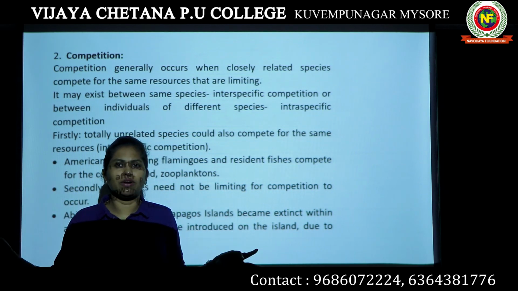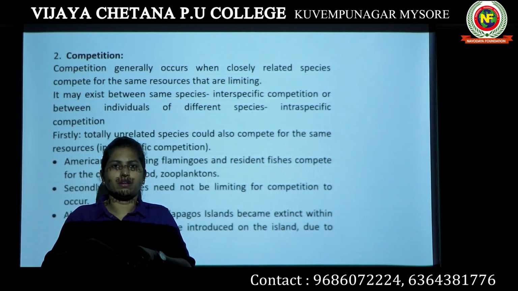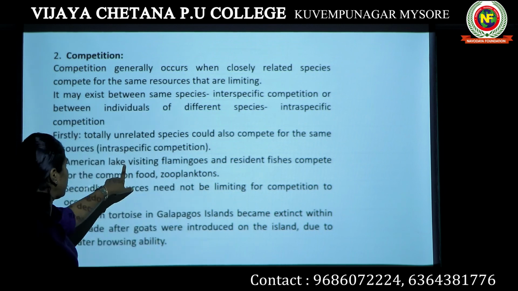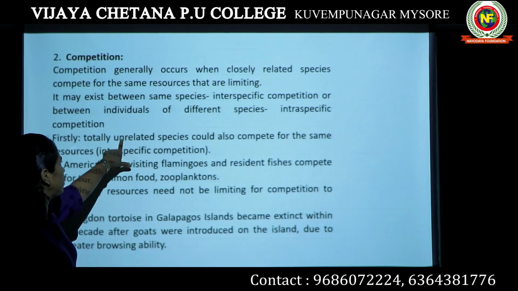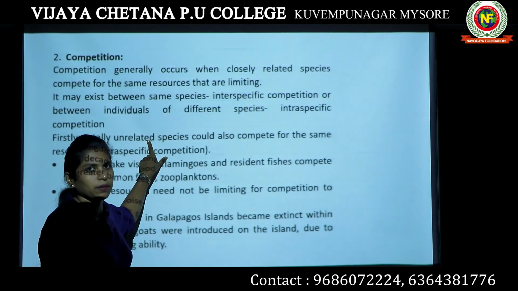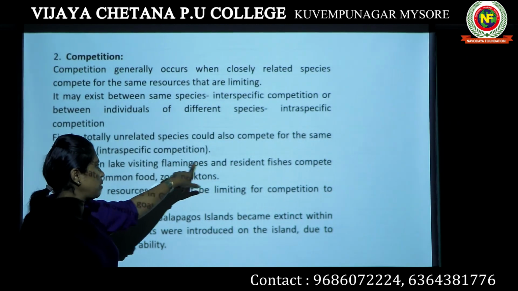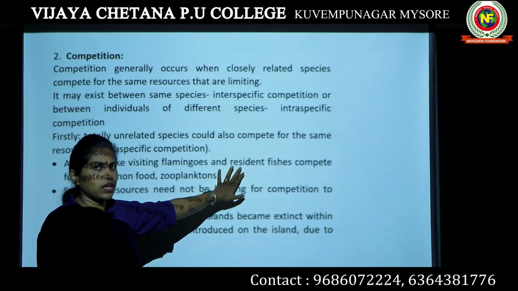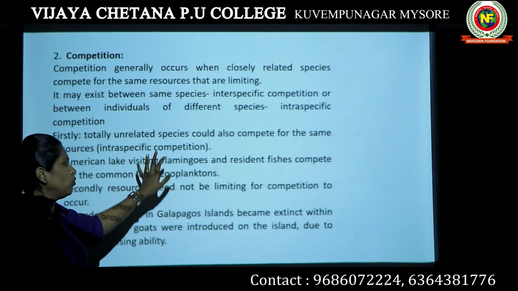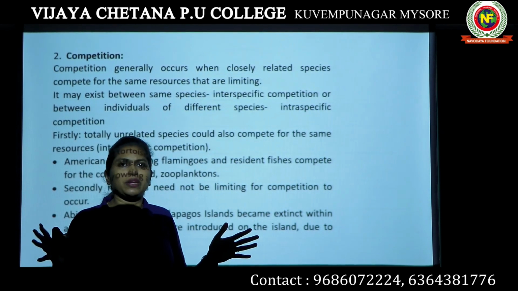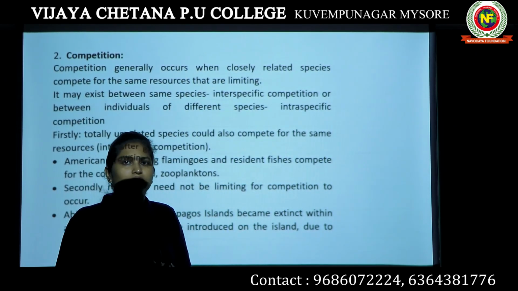They are totally different species fighting for one particular resource. So this is the example for this particular competition. The example of flamingos and resident fishes I gave you in order to explain how totally unrelated species can also fight for the same resource.